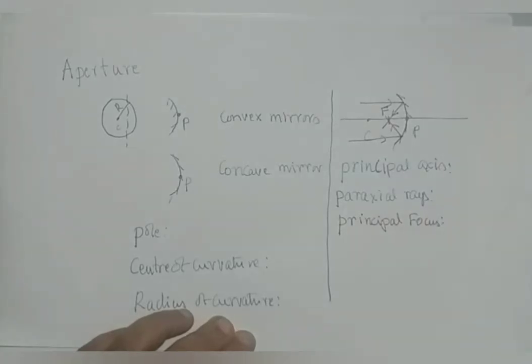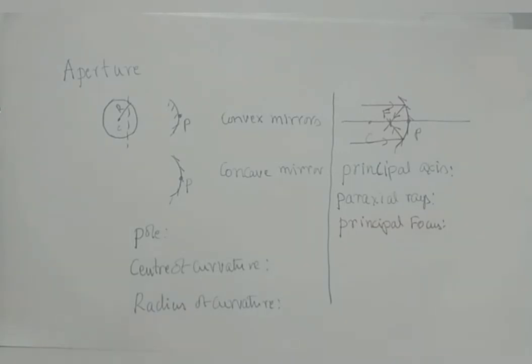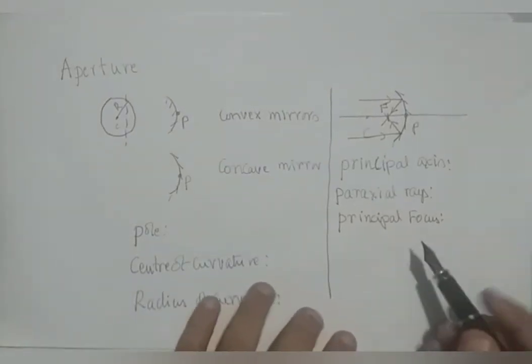So, can you define the principal focus? It is the point on the principal axis to which a parallel beam of light rays converges after falling on the concave mirror. So, how do we define principal focus for the convex mirror? I draw that diagram now. Just observe.